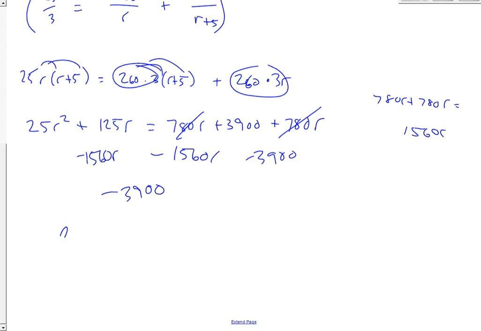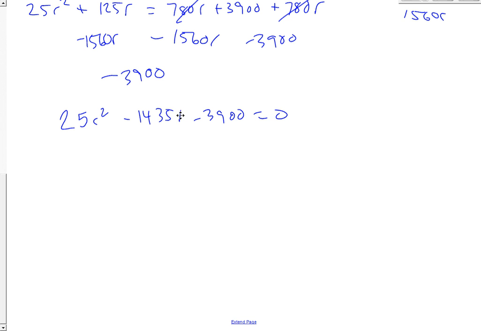Okay, so I've got 25r squared plus 125r minus 1560r, which is going to give me minus 1435r, minus 3900 equals 0. All right, so that's r.